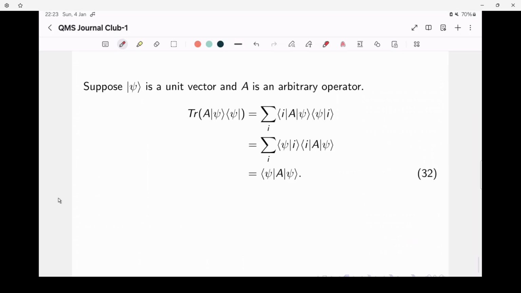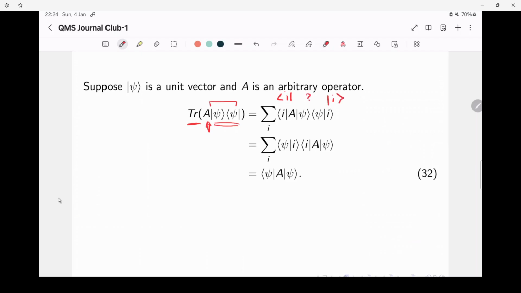I think the last thing that I want to mention is that if you have the outer product of psi, and then you have some operator A acting on this thing, so don't care about this thing for now. So what it would become is basically over here. Just now I mentioned that the definition of trace is basically performing the summation over i, and then you just do the inner product.